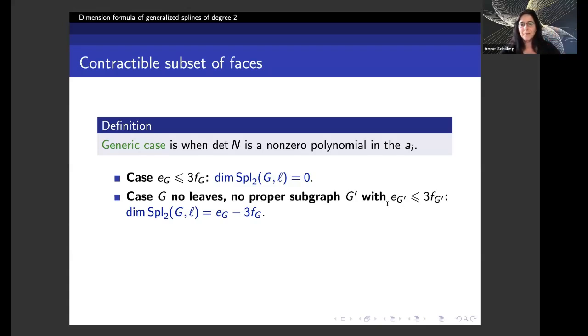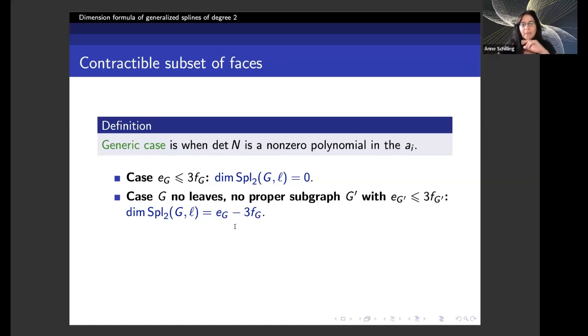So that's really what I mean. If for such a subset of faces that graph G prime has E(G') less or equal to 3F, so if the graph G does not have such a subset of faces, then the dimension of the spline is precisely what we would expect, namely E minus 3F.